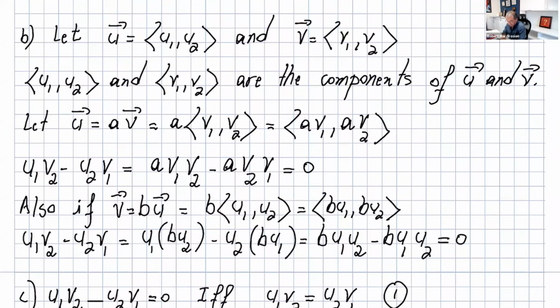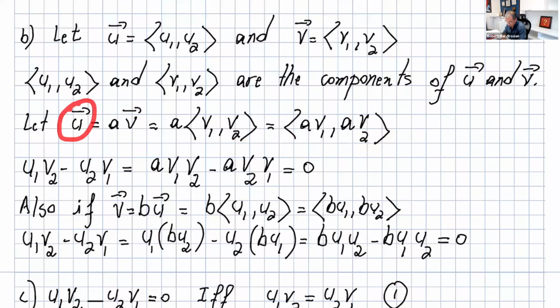We know that U has the components U1, U2, and V has the components V1, V2. So U1, U2 and V1, V2 are the components of U and V. Now, if we assume that U equals AV, then we can write that as A times V1, V2 by using the components.